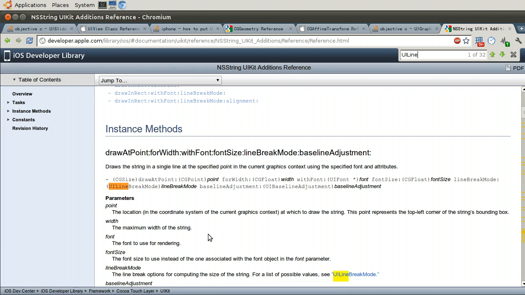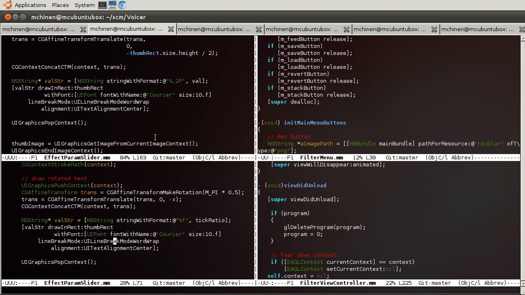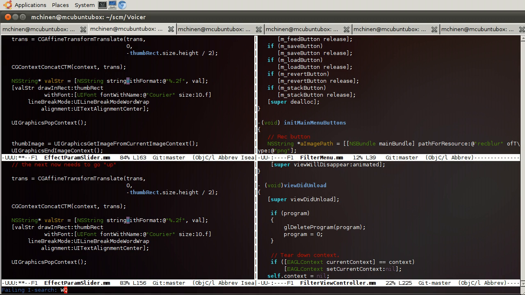UI line break clip. That's what we want. Mode clip. Yeah, let's go to the other word wrap too and just kill that as well. That should also be clip.